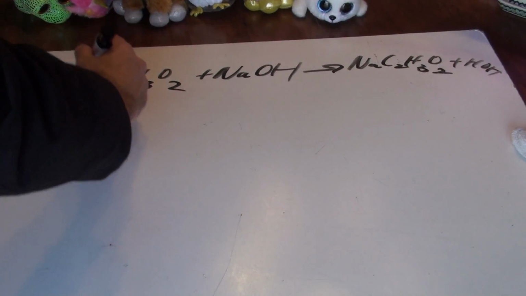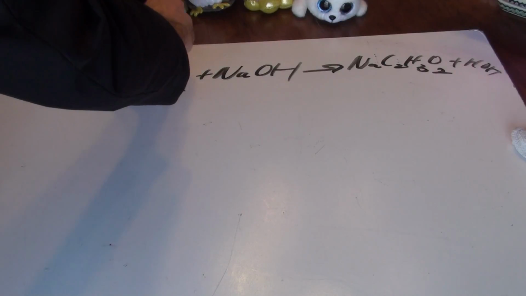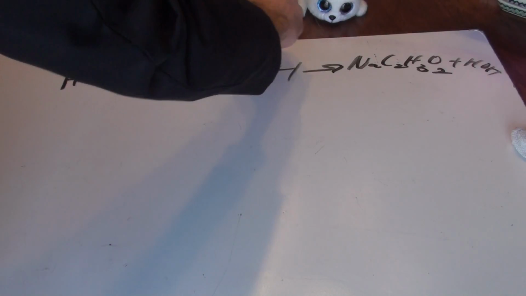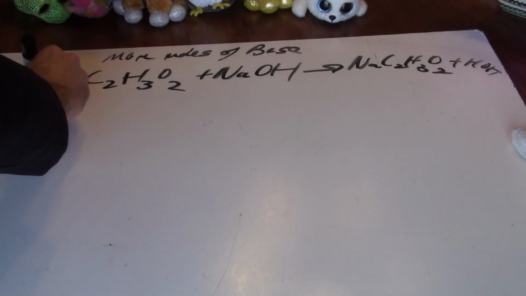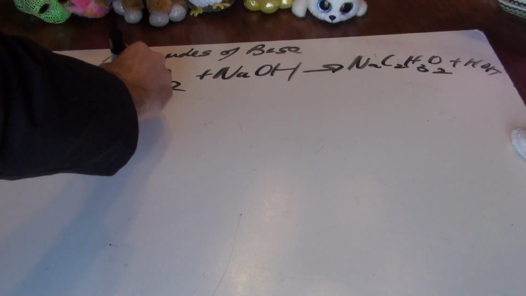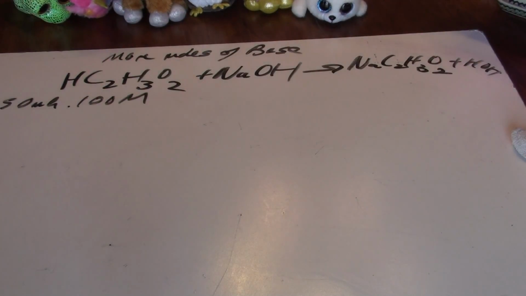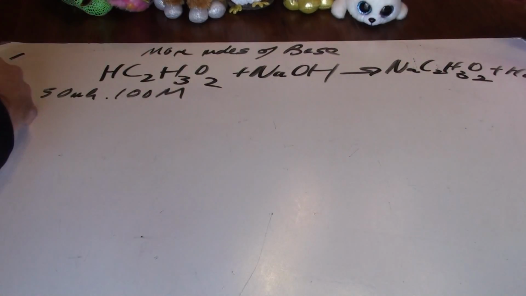So this is when we've got more moles of base. We had, I believe, 50 milliliters of a 0.100 molar solution of acetic acid. So we're going to do a before-after table.